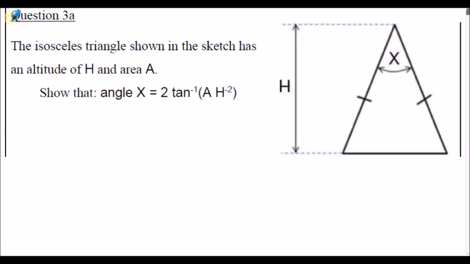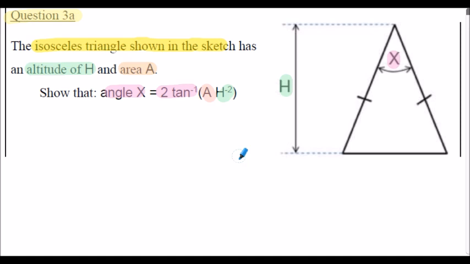Here's question 3a. The isosceles triangle shown in the sketch on the right here has an altitude labelled h shown here and an area, symbol A. We've got to show that angle x, shown here, is equal to 2 multiplied by the inverse tan of A multiplied by h to the negative 2.